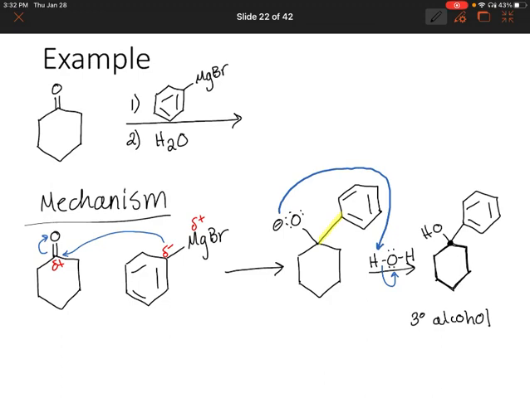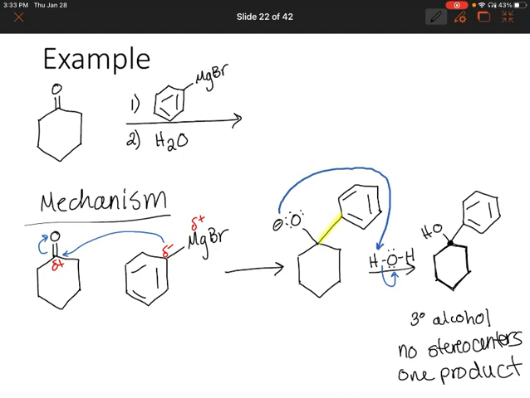So that would technically count as two of the same group. So we don't have any stereocenters. So we only have one product. We don't have enantiomers, for instance. But maybe that would be different if we had a different starting material.